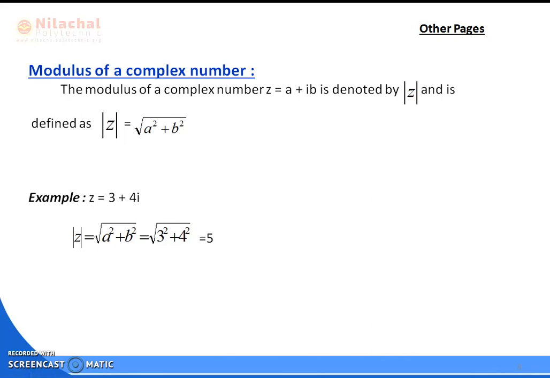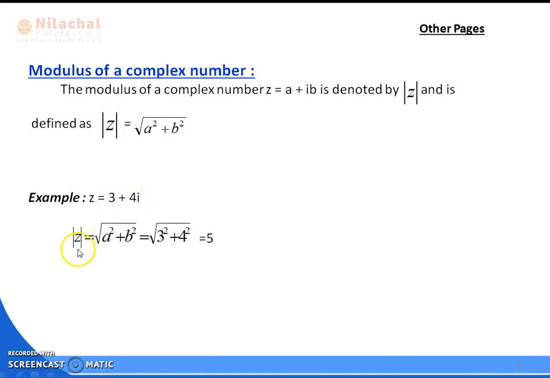Then come to the modulus of a complex number. As you know, your complex number is denoted as Z equals a plus ib. If this is your complex number, then the modulus of complex number Z is denoted by mod Z and is defined by mod Z equals under root a squared plus b squared. Example, Z equals 3 plus 4i. Here a is 3 and b is 4.